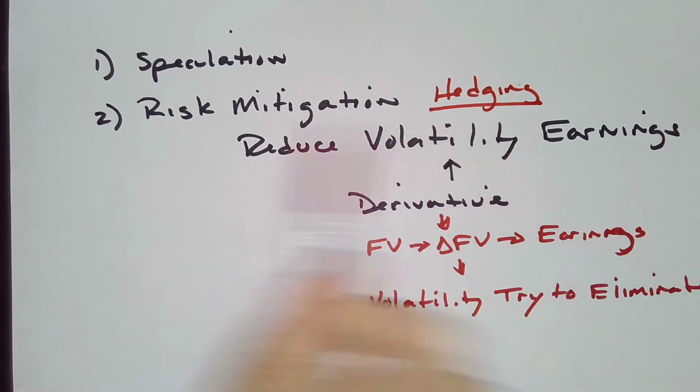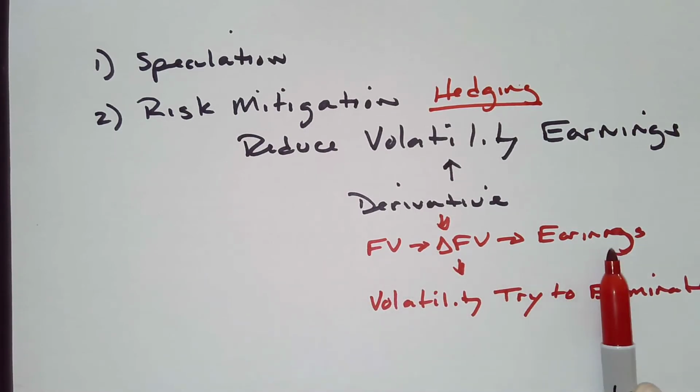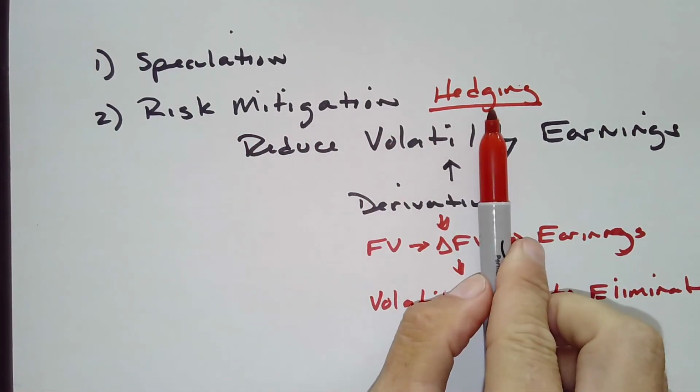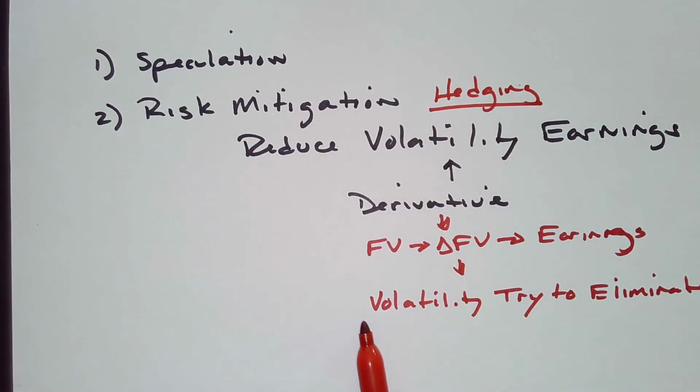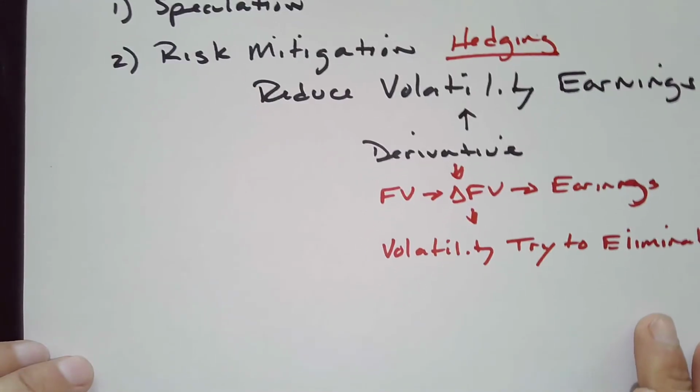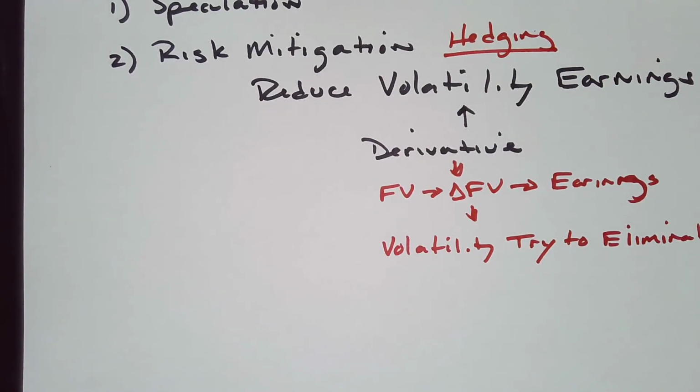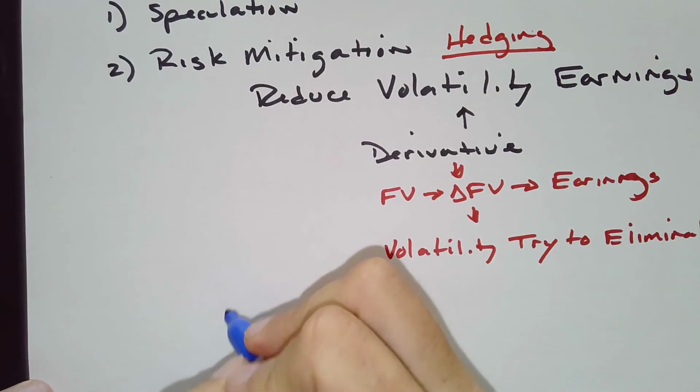So you can hedge all you want, but you still have to follow this accounting. So how can I do risk mitigation, do hedging, but try to eliminate this volatility in earnings due to the way I have to account for the derivative? The way you do that is through hedge accounting.